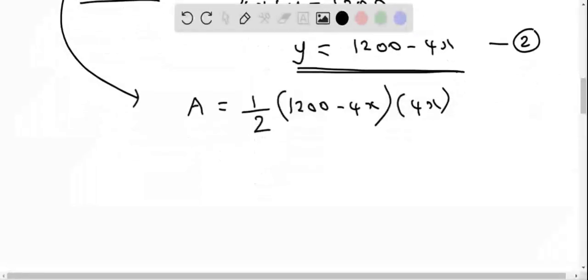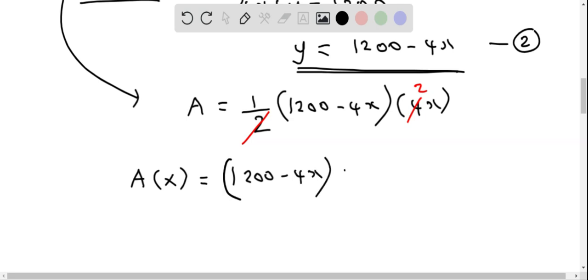So let's call this the area function, A of x equals, I can simplify this. This 2 and this 4 will get cancelled as 2 times. So which means I have 1200 minus 4x times 2x. Let me distribute this 2x.